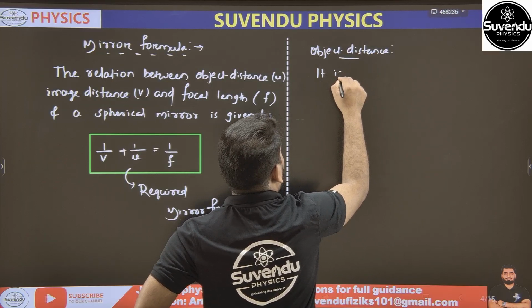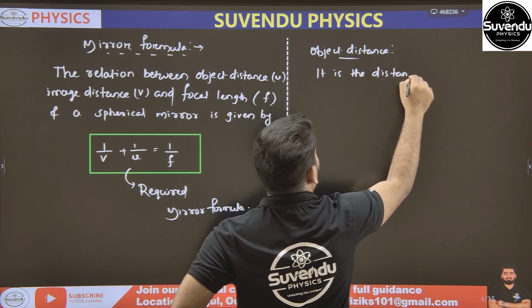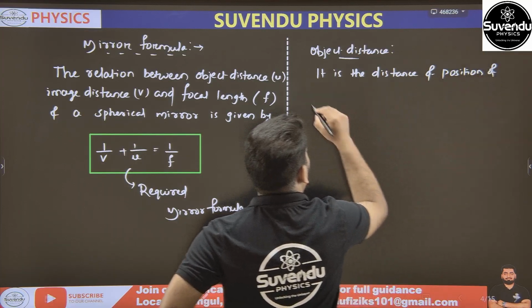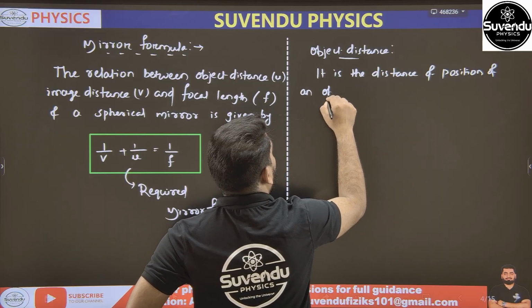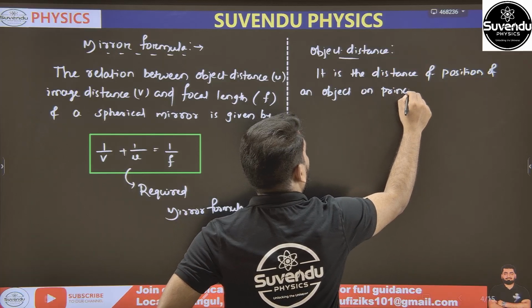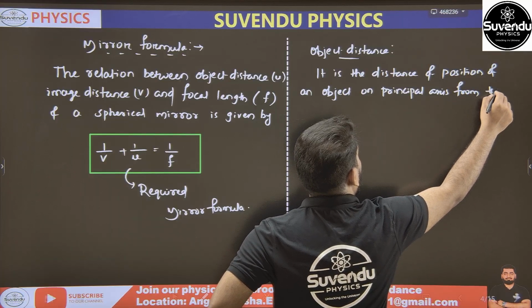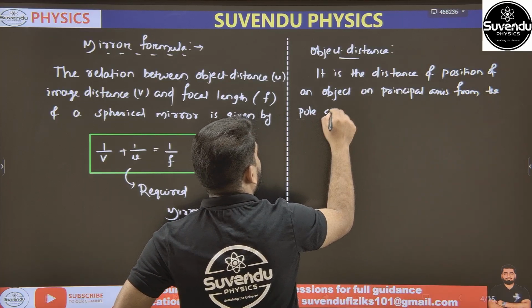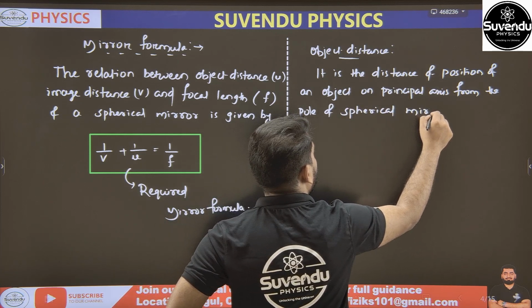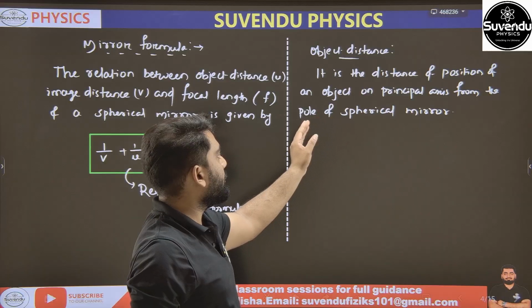Next, give heading object distance. It is the distance of the position of an object on the principal axis from the pole of the spherical mirror.